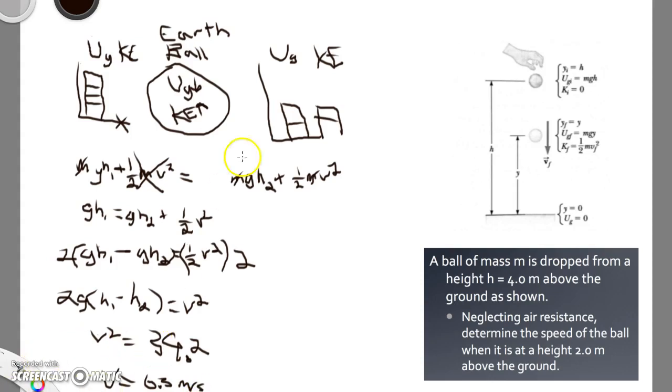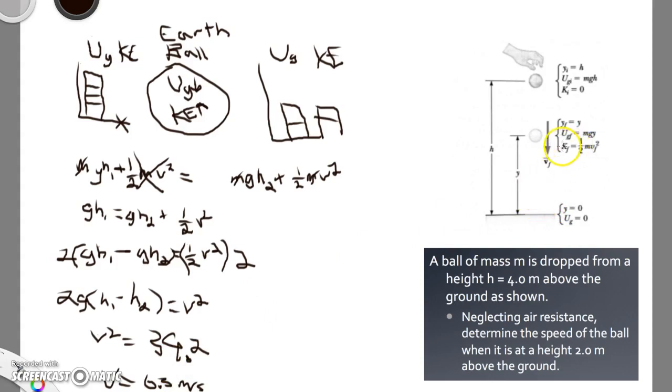So we've used our energy principles. We showed that the potential energy decreased, transforming some of that energy into kinetic energy, and we can use that concept to find out how fast it's moving after those 2 meters.